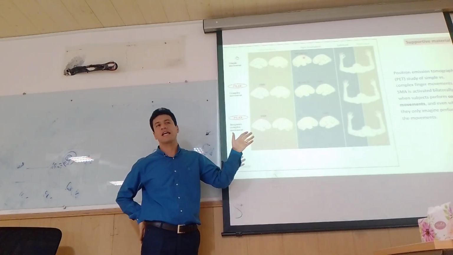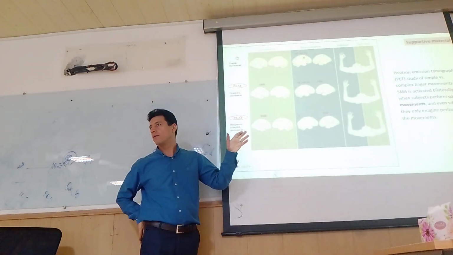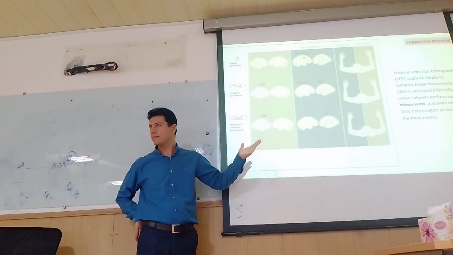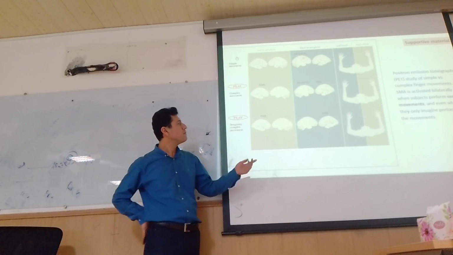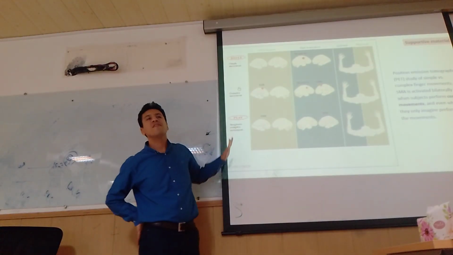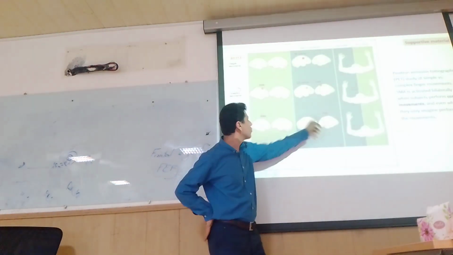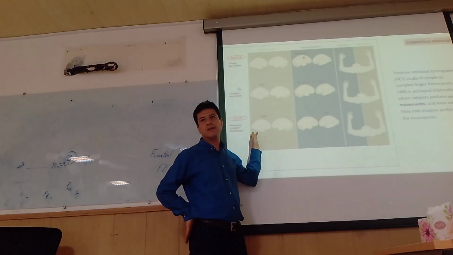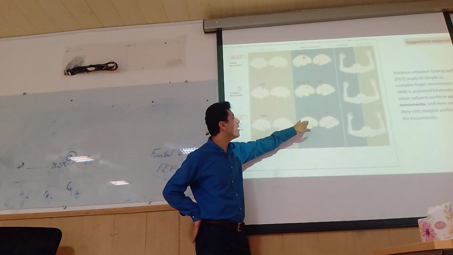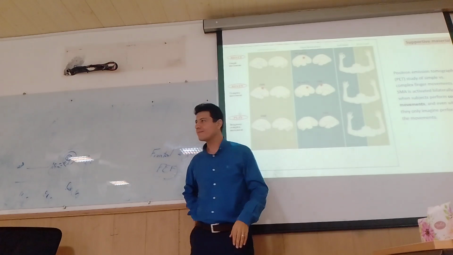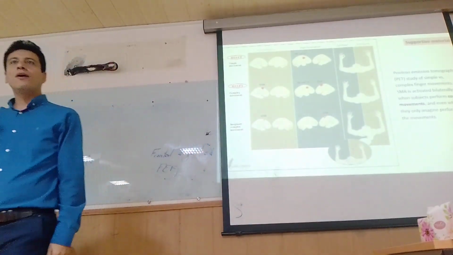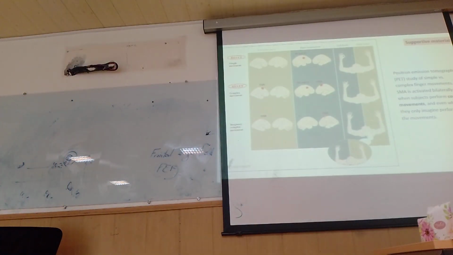The last situation. We only imagine that we are performing that sequence with the left hand. We are not doing the action. Only we think about that. Okay? When you only think about that, supplementary motor areas on both sides are activated. But the primary motor cortex is not activated. Because you are thinking, you are planning for that, and the action hasn't started, right?